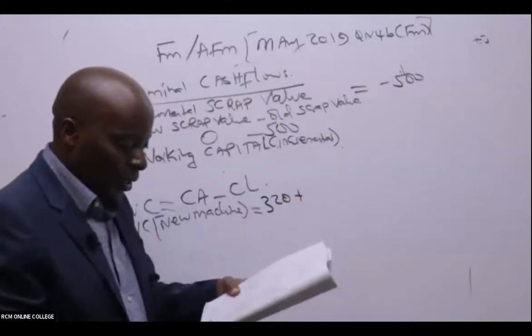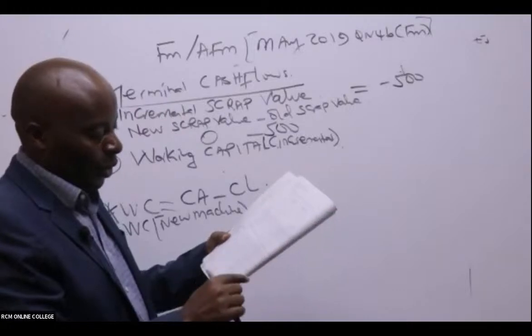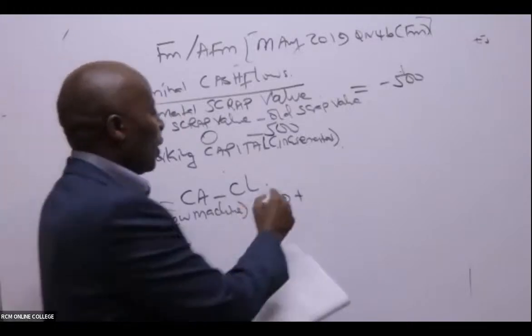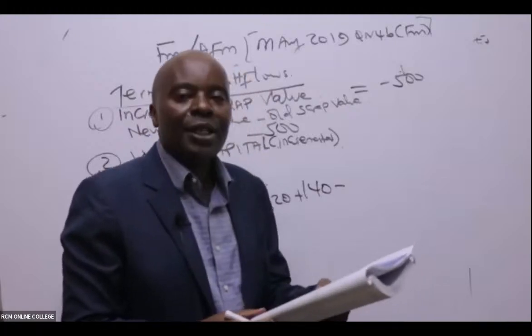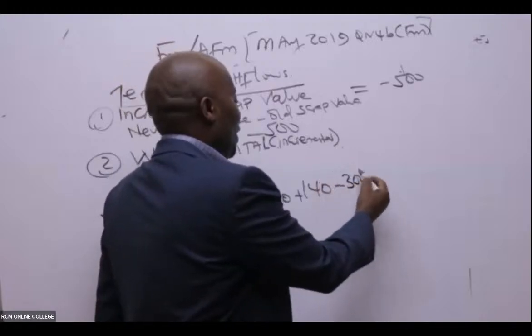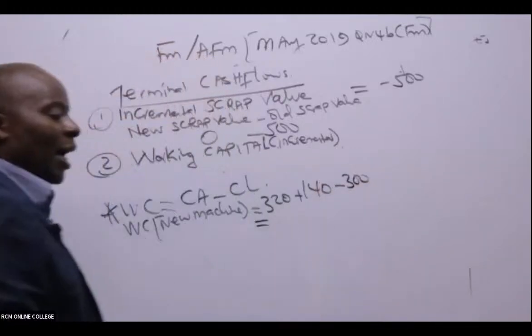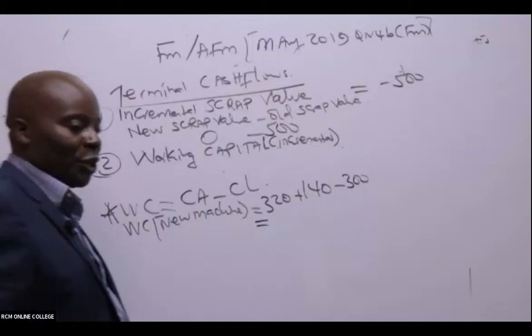The new machine is expected to increase sales, whereby debtors would increase by 320. Inventory will increase by 140, minus creditors, those are liabilities, 300. So this will give me what figure as my working capital for the new machine?